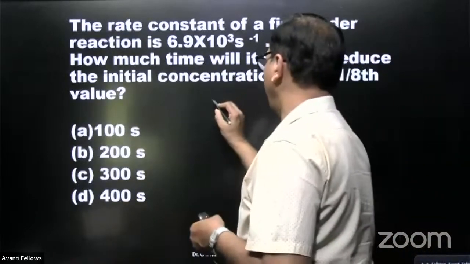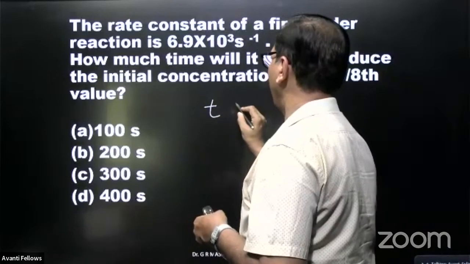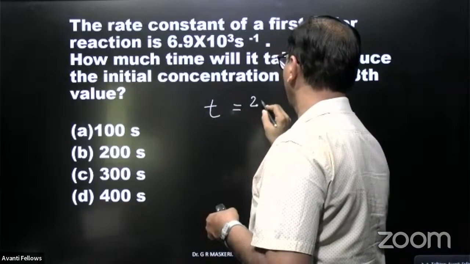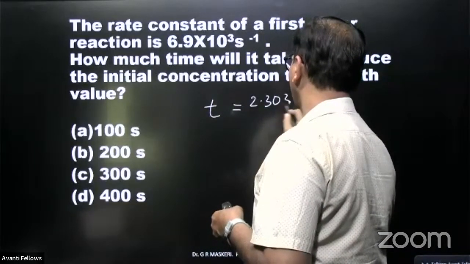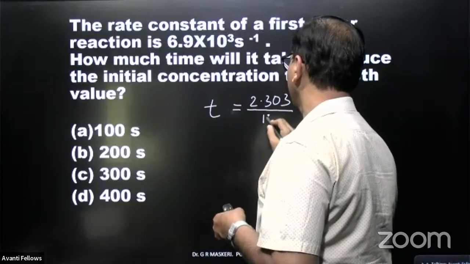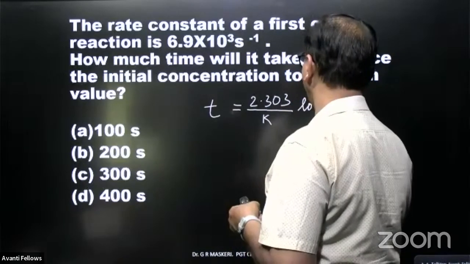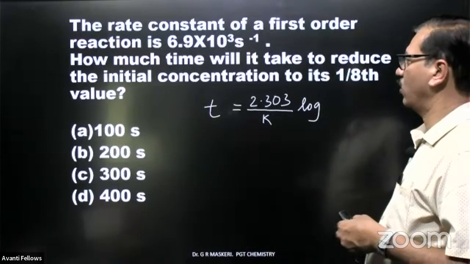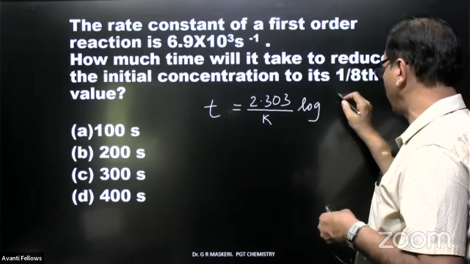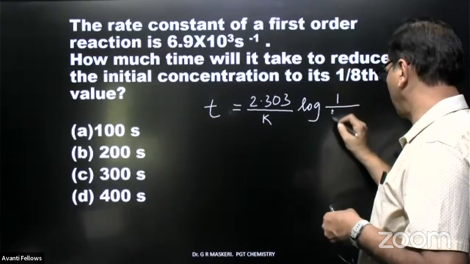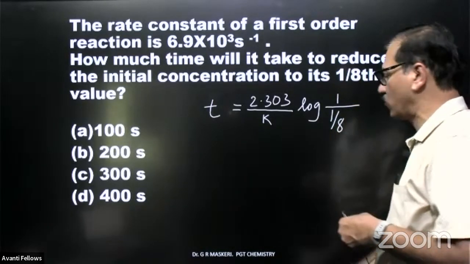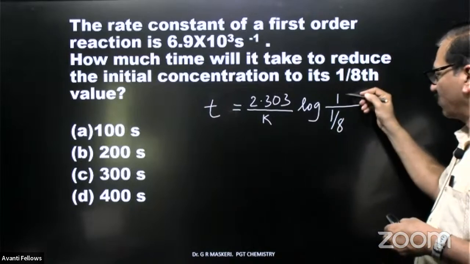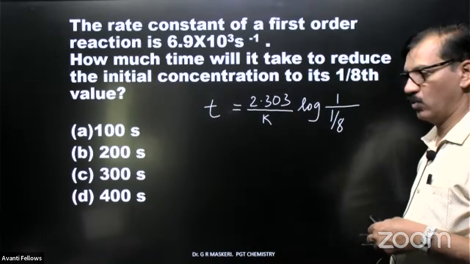So you are asked to find out the t value, how much time it will take. So 2.303 by k log of initial concentration by final concentration. If you take the initial concentration as 1, the final concentration is 1/8 of its value. If this is x, this is 1/8 of x.